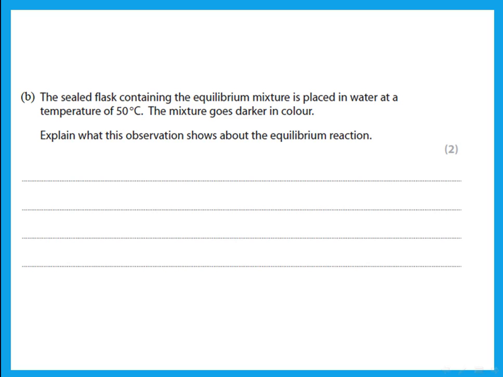Then he says the sealed flask containing the equilibrium mixture is placed in water at a temperature of 50. So at the beginning, it was at 25. When he put it at 50, that means he's raising the temperature. And he says that the mixture goes darker. That means when he raised the temperature, did it go forward or backward? If it goes darker, then that means that at the higher temperature, it went backward.